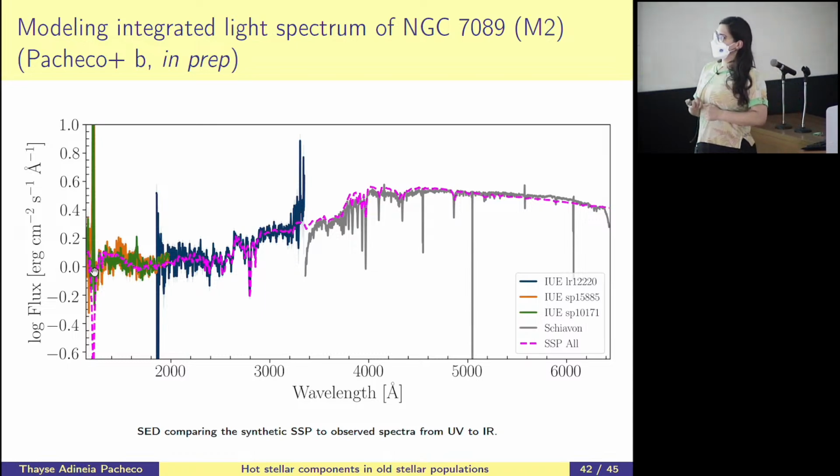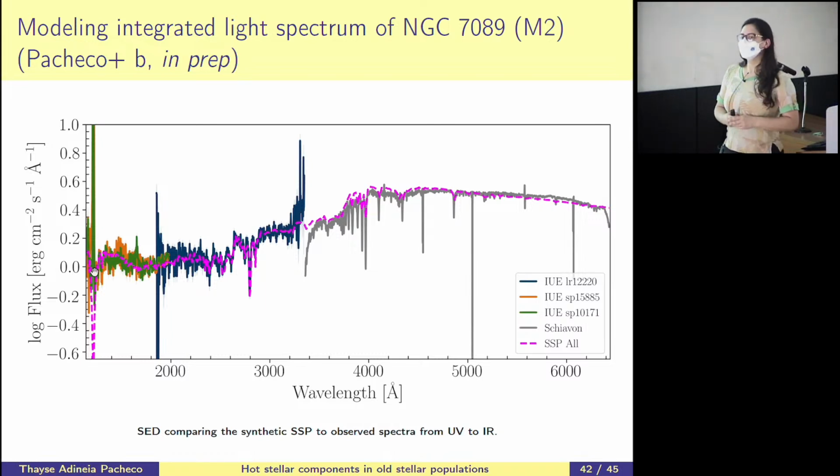This is when you are computing a composite stellar population. Here we are doing a simple stellar population, so we didn't do this. But when you add some star formation rate and dust, when you are studying galaxies, it's important. Okay, not needed for a globular cluster in the Milky Way. Yeah. Okay. Thank you. You're welcome.